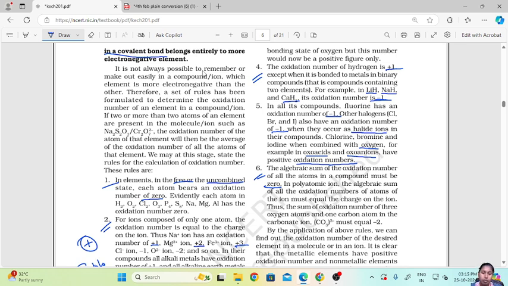Thus, the sum of the oxidation numbers of 3 oxygen atoms and 1 carbon atom in the carbonate ion must equal -2. So in short, whenever you calculate the overall net oxidation state of a neutral molecule, you should get 0.